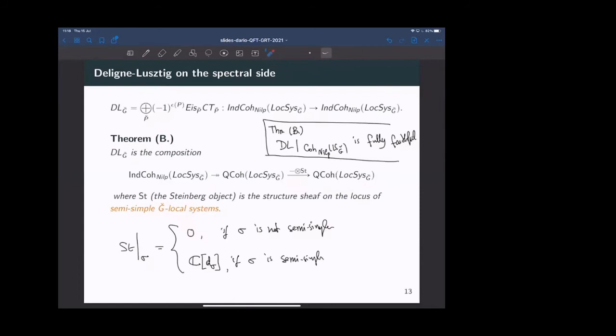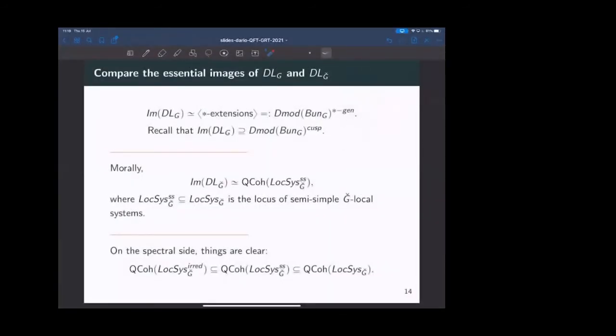So that brings me to the third application of this parallel between those two descriptions of the linguistic, which is, okay, let's look at their essential images. I want to look at their essential images, and they should match under geometric Langlands.